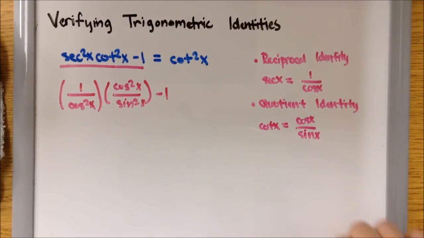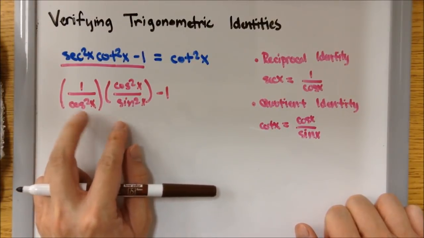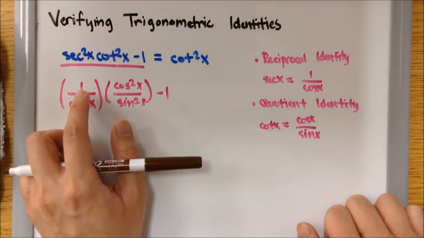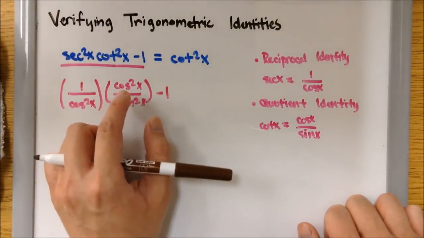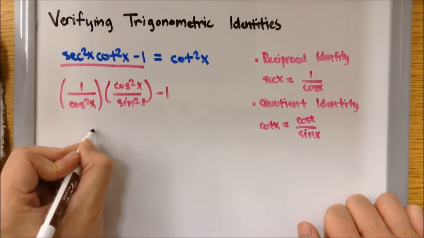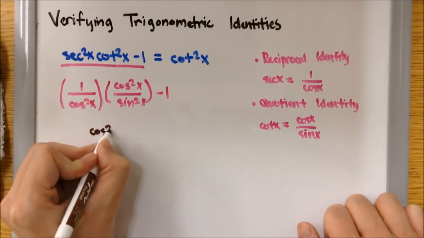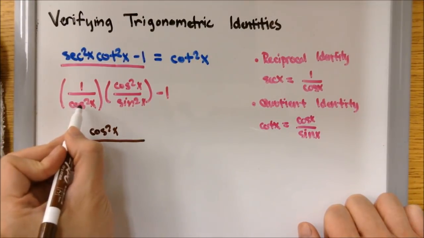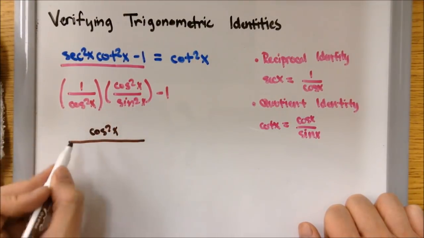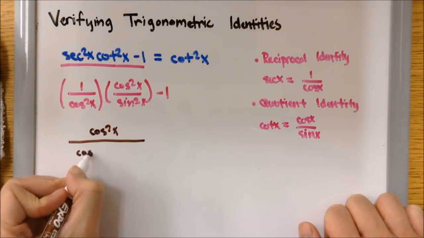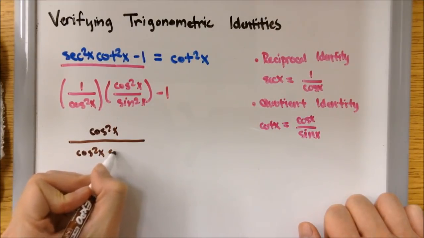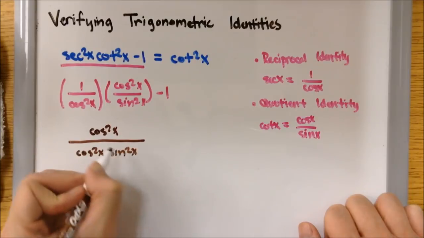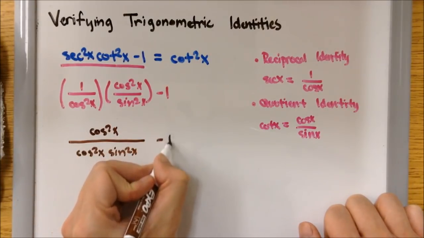Next, I have two fractions multiplying, so I'm going to multiply straight across. 1 times cosine square x will be cosine square x, over cosine square x times sine square x, which will be cosine square x sine square x, and then the minus 1.